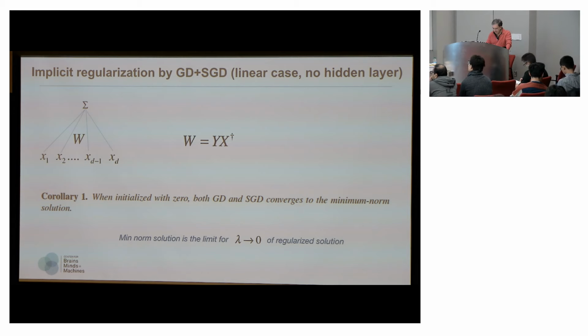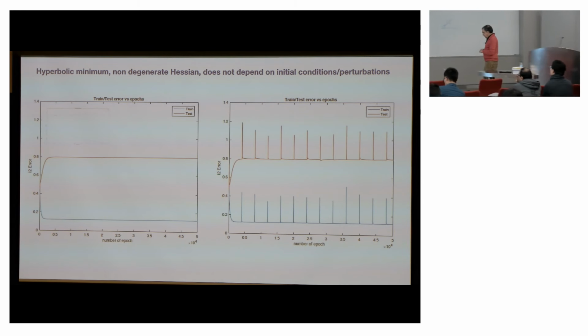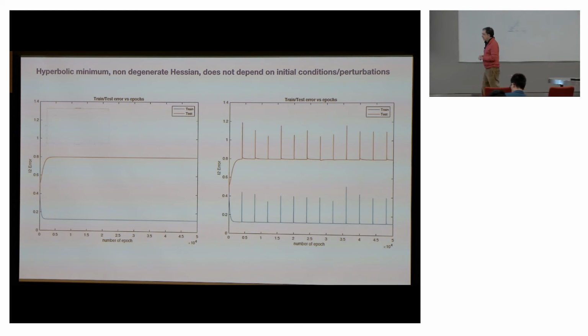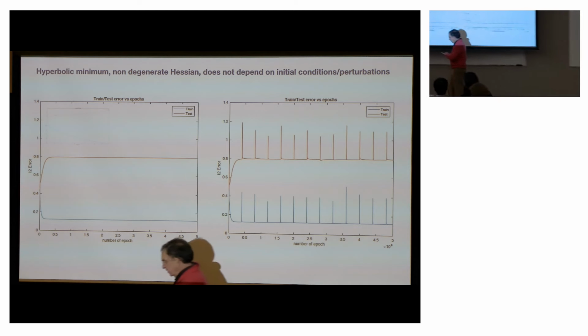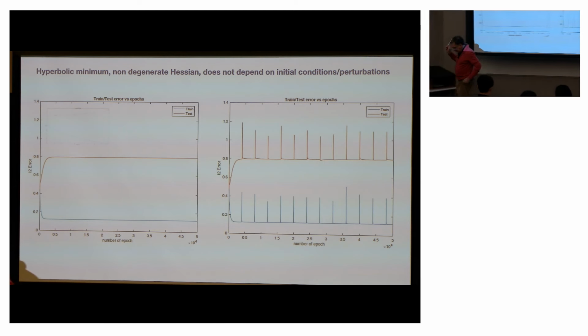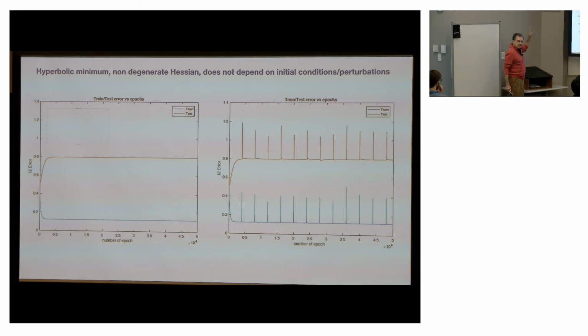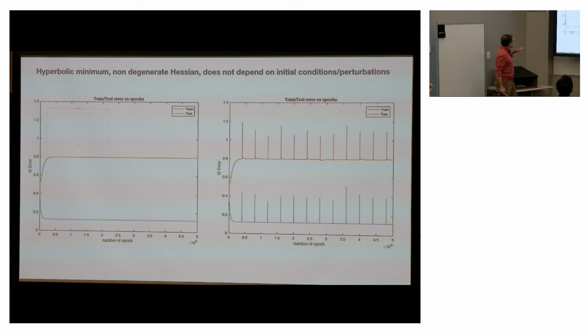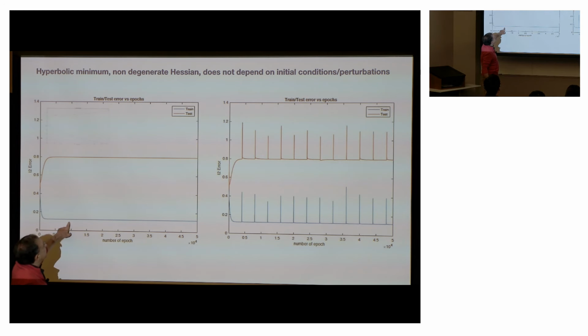And here you can see an example in which you have a linear network. In this case, it's not degenerate. So the Hessian is positive definite. Everything is fine. You don't need a regularization term. You don't need gradient descent. You converge to a minimum of the empirical loss.